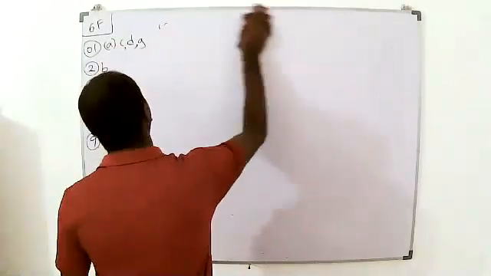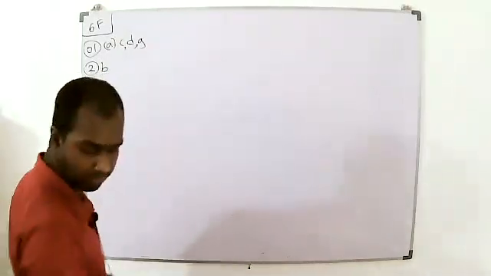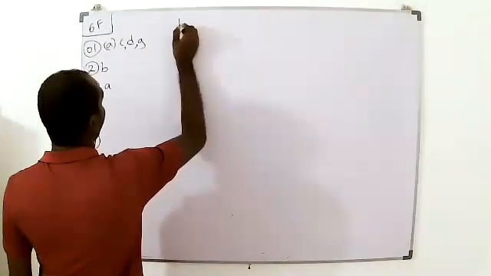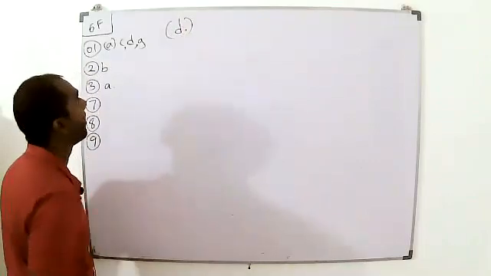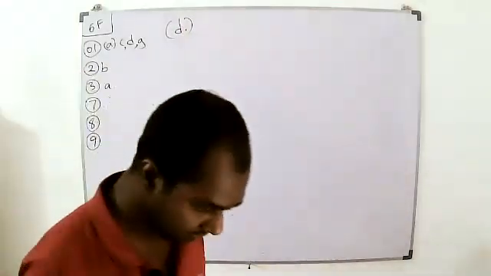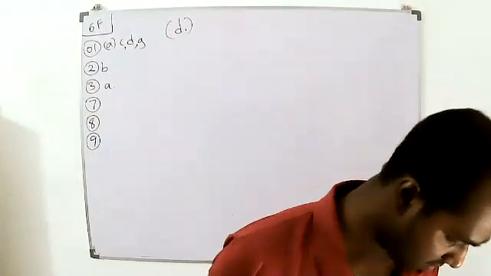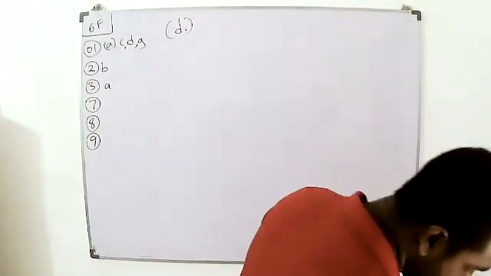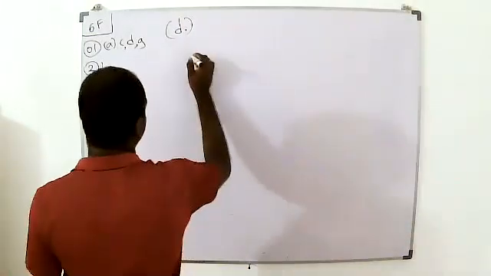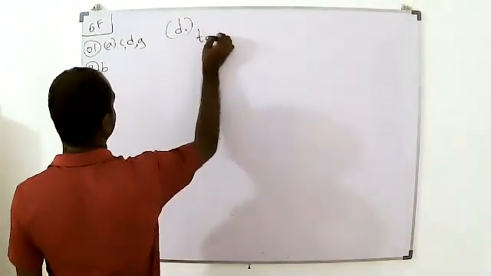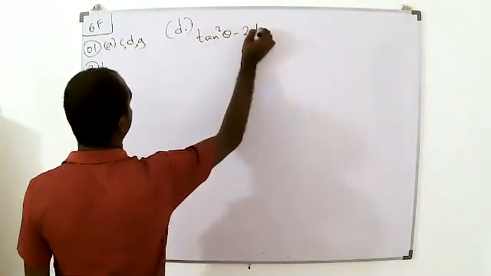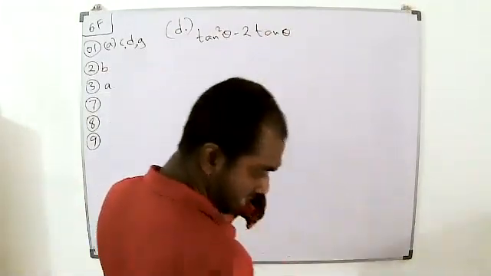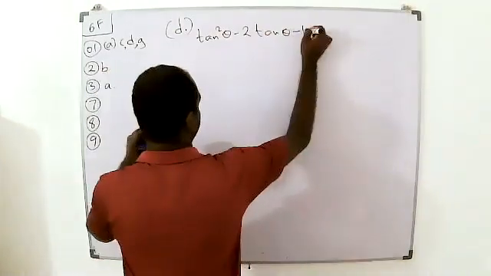Okay, part D. What is D? What do I get? Tan squared theta minus 2 tan theta minus 10 equals 0.